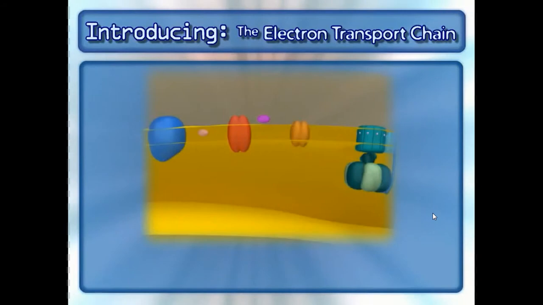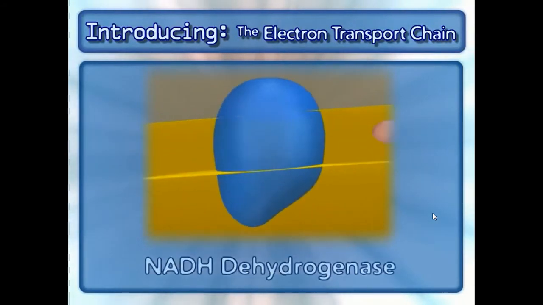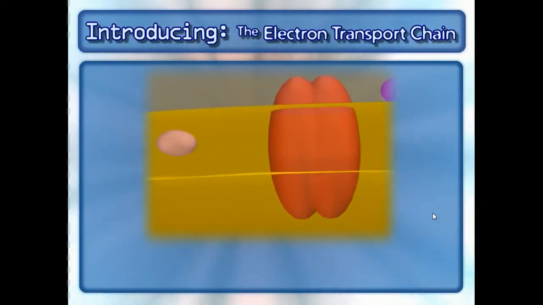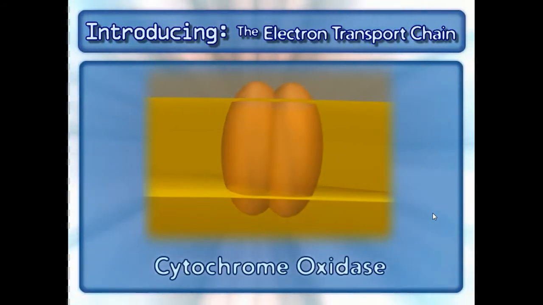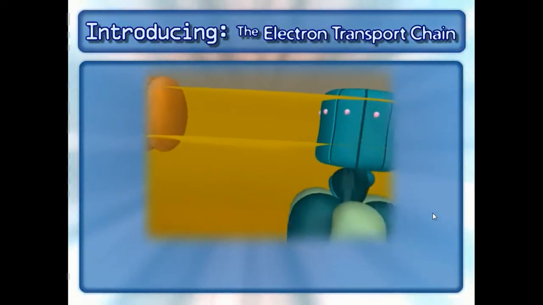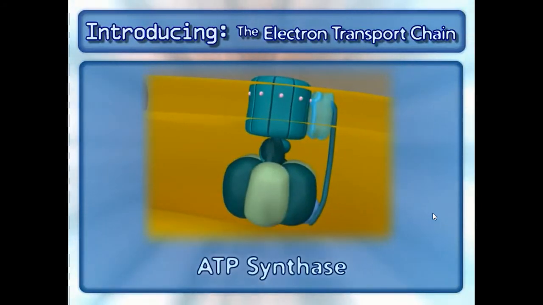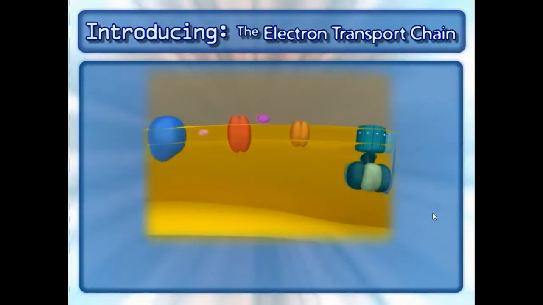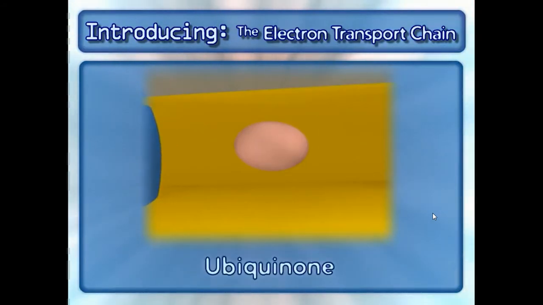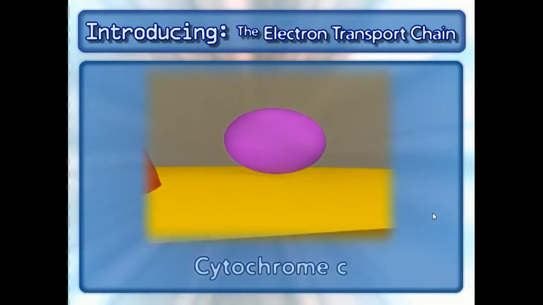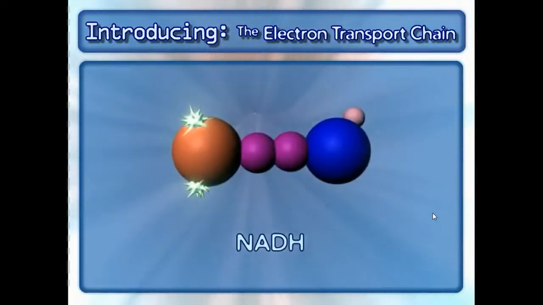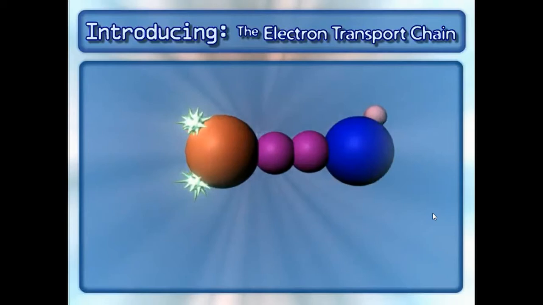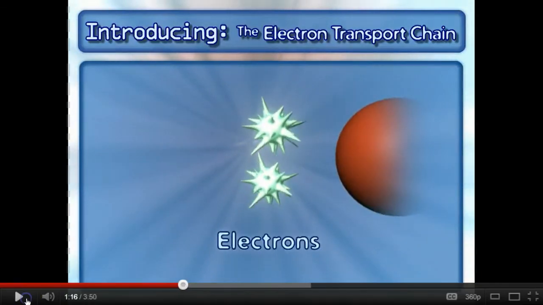The following complexes are found in the electron transport chain: NADH dehydrogenase, cytochrome BC1, cytochrome oxidase, and the complex that makes ATP. Electron transfers are also involved: ubiquinone and cytochrome C. Other key components in this process are NADH and the electrons from it.